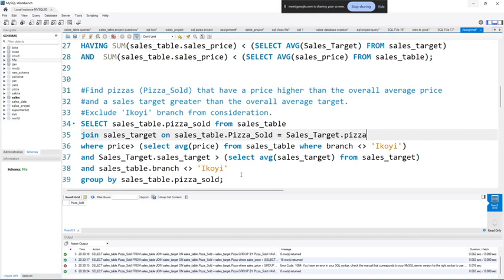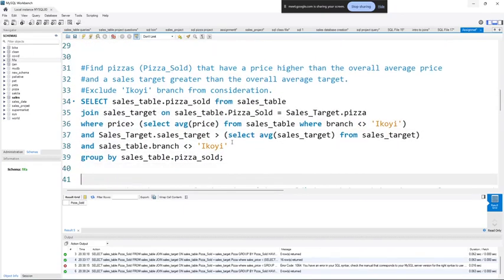How do I get the average price normally? Now look at this. I will say select average price from sales table.